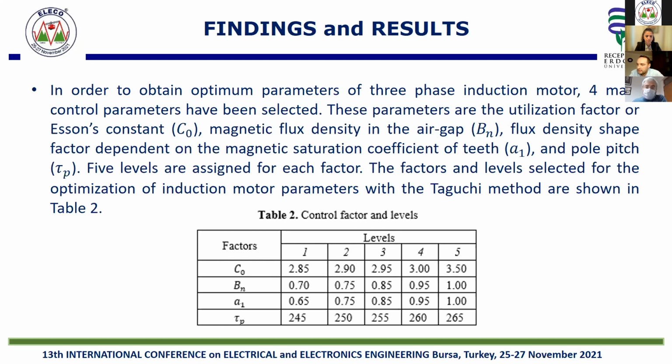The factors and levels selected for the optimization of induction motor parameters with the Taguchi method are shown in table 2. The selected level values are written according to the reference Mr. Bodrolu and induction motor design.